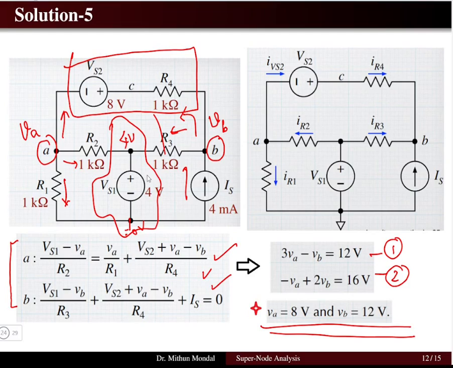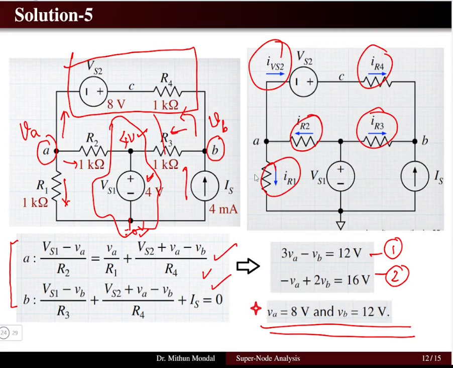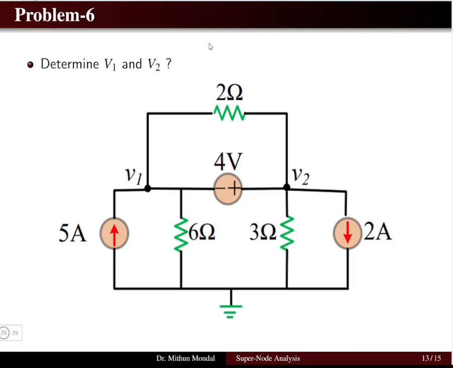Here the voltage source is present between a non-reference node and the reference node, so this is also not part of a supernode. Then we assume the direction of the current and write down the KCL equation. Since there is no supernode, a KVL equation is not needed in this case. When a supernode is there, then the KVL equation will come.